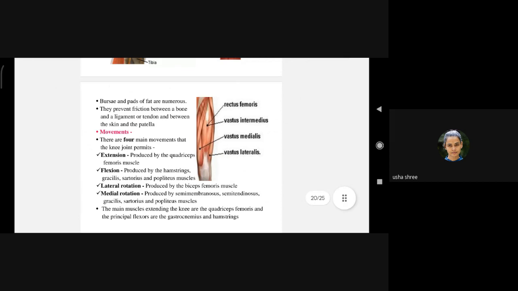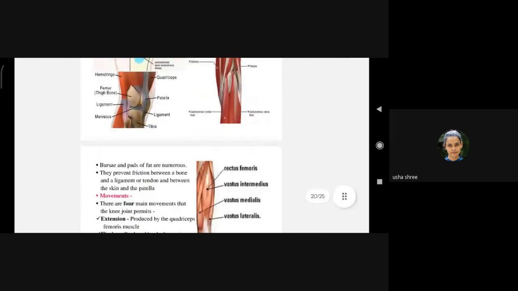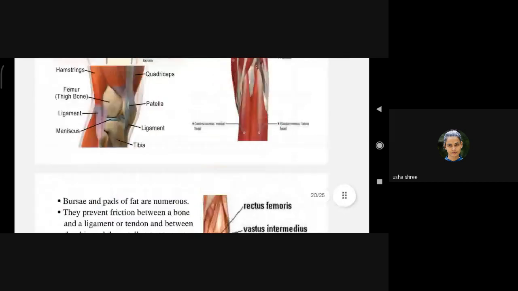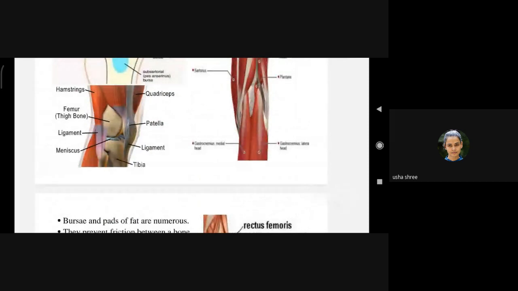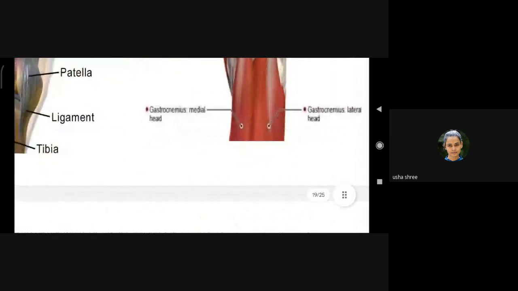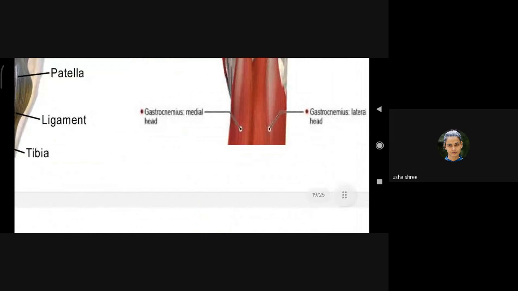It is somewhat shown here. You can see here, this is the gastrocnemius head.